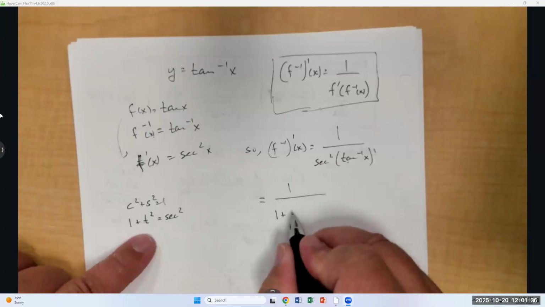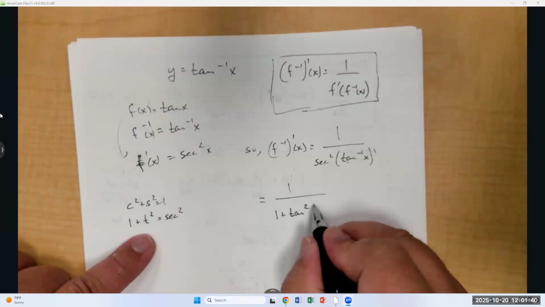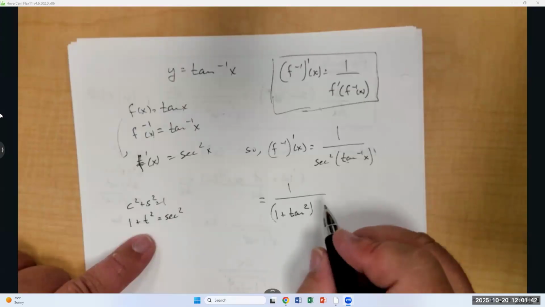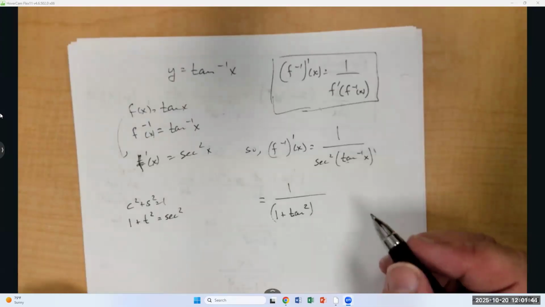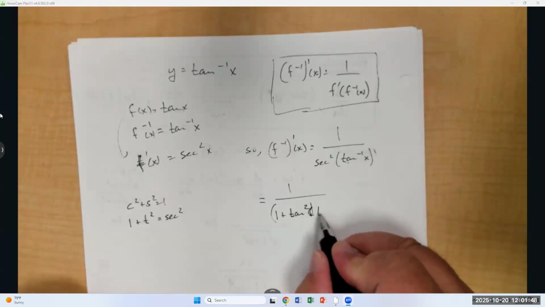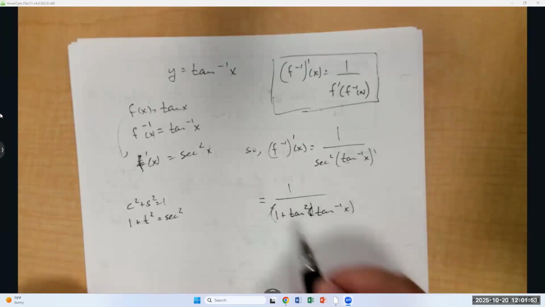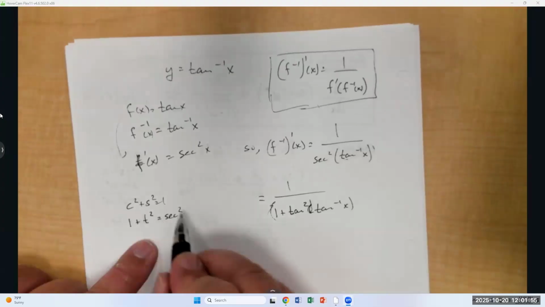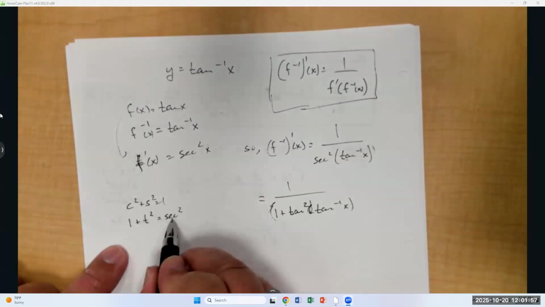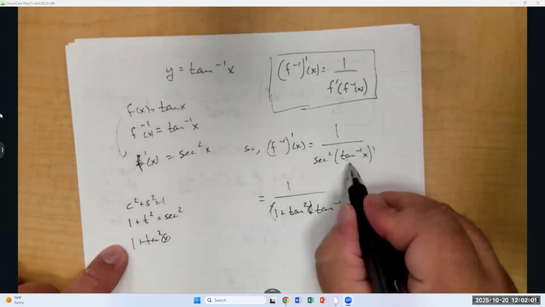So secant squared is 1 plus tangent squared of our x. Our x was inverse tangent x. So tangent squared is 1 plus tangent squared x. This is our x.